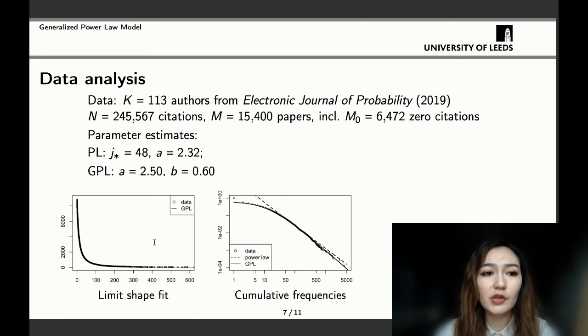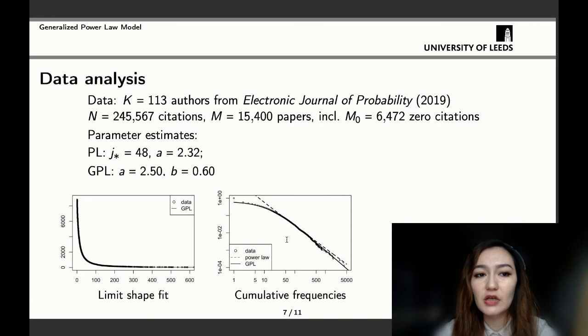Now let's look at the below two plots. The left plot is the limit shape fit. The limit shape of the GPL model is shown in a solid line, and the citation diagram is shown in dots. For better comparison, the limit shape is plotted in scaled back coordinates, and the right plot is the complementary cumulative frequencies plot.